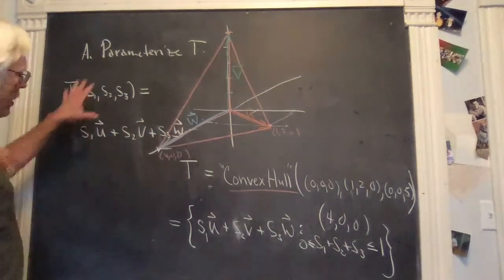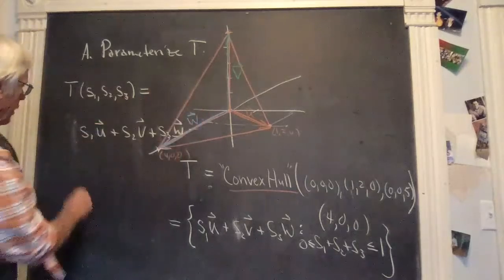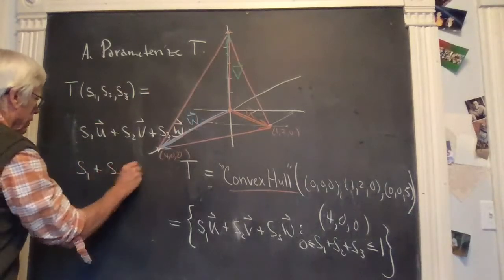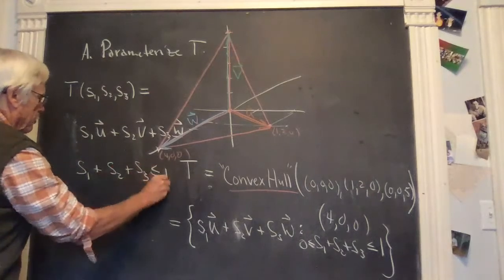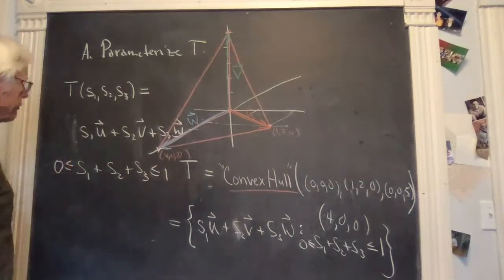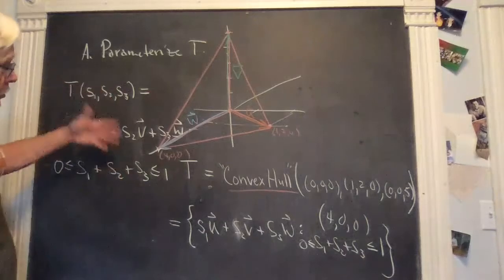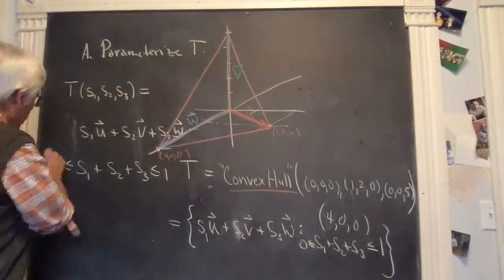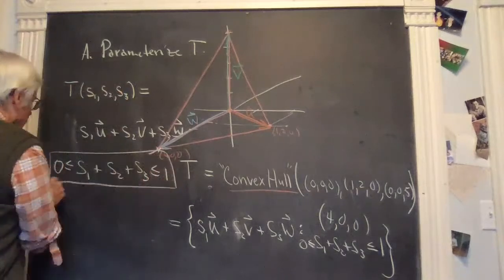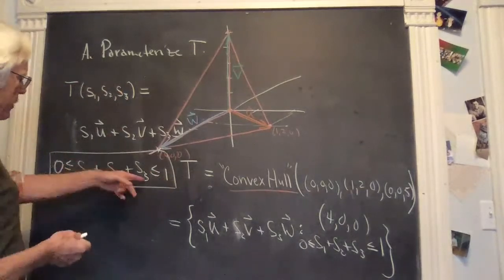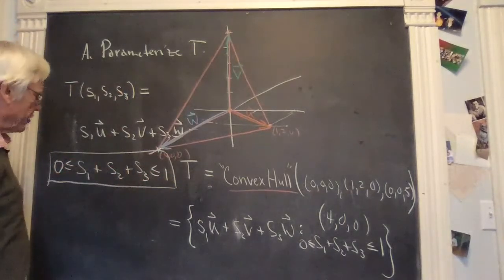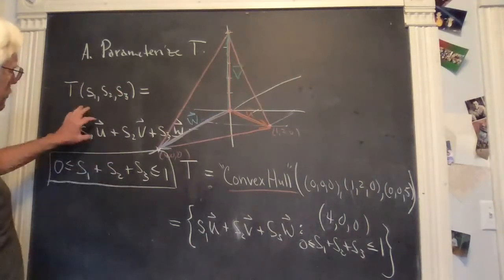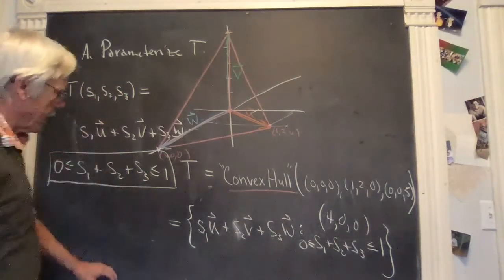So this parameterizes this convex hull with this restriction, S1 plus S2 plus S3 between 0 and 1. So this is the parameterization for T. I want to talk about how you deal with this in an integral in a minute. But first, let's take a look at what we've got here.